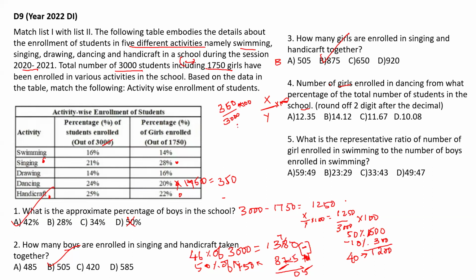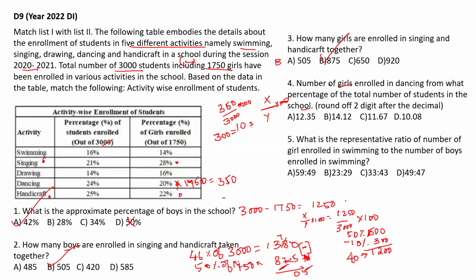So tell me, 10 percentage is 300. But we want 50 again, right?